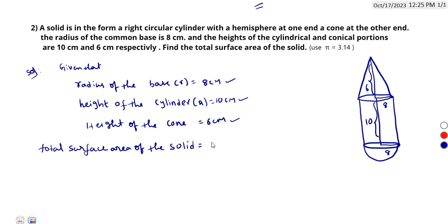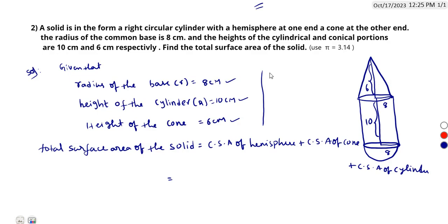So the total surface area of the solid equals CSA of hemisphere plus CSA of cone plus CSA of cylinder. CSA of cone means pi r l.